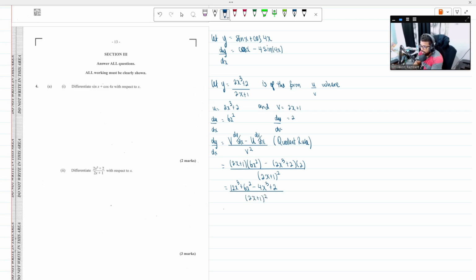I can simplify again. 12 minus 4 is 8x cubed plus 6x squared plus 2 all over 2x plus 1 squared. I wouldn't go any further into simplifying this. Whether I have to use some remainder factor theorem or long division to do this, I wouldn't go any further. I wouldn't even bother to factorize the top. I'll just leave it as it is.